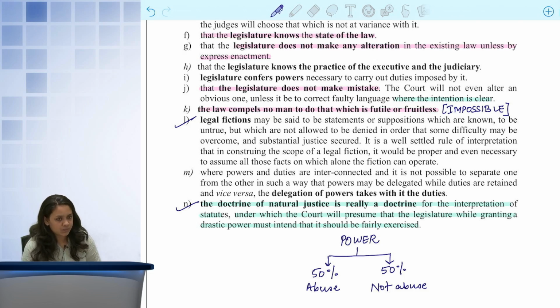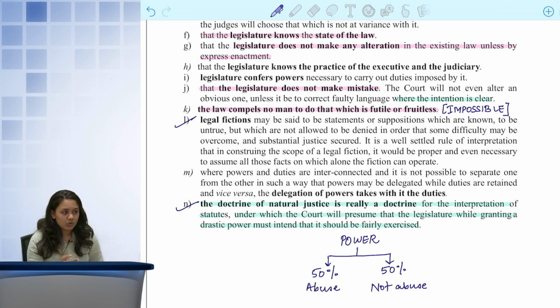So even though the law does not specifically say that we are granting a power to said person for the purpose of doing so and so activities, and that person will be governed by the principles of natural justice, that may not be written. It may simply be written that this person shall be appointed for the purpose of doing so and so work.